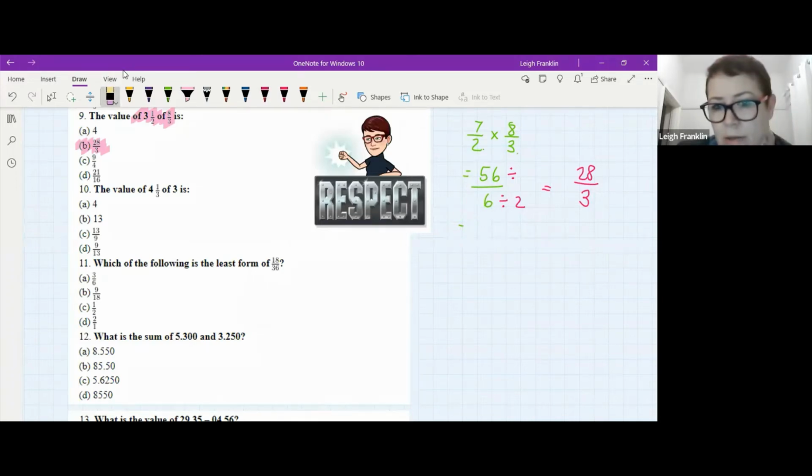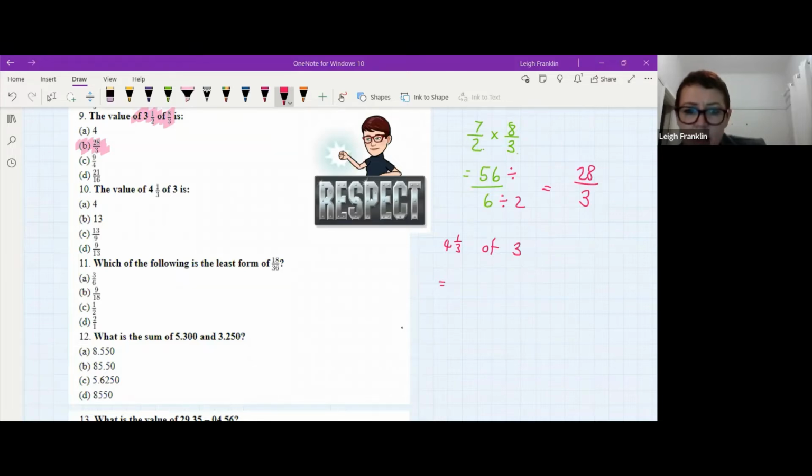What should I write? So 4 1/3 of 3. What does that mean? She's not on the camera anymore, so I'm not sure if she's there. Oh, okay. All right. Maybe we should take the next person with their hand up.